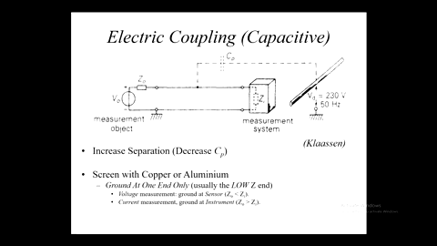What else do we do? Well, we can use some screening, and we've talked a little bit about that. We can screen this wire with a sacrificial shield that goes directly to ground. Now, the tricky bit is that the shield is better if it's connected to ground at the low impedance end. And damn it, as chance would have it, usually we have sensors that are typically voltage driven, so the low impedance end is at the sending end, which is the least accessible for us to connect to ground, unfortunately.